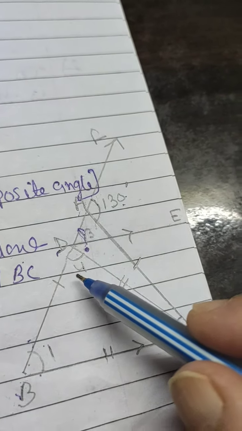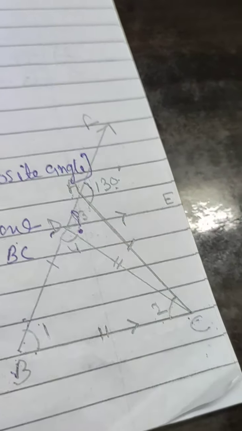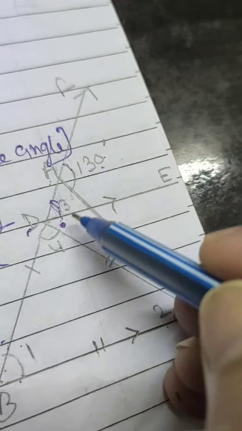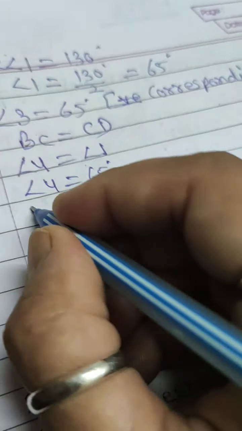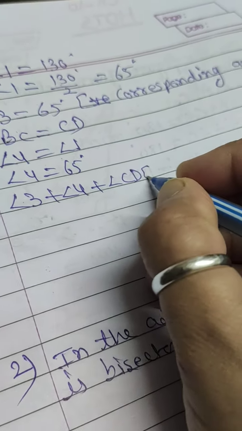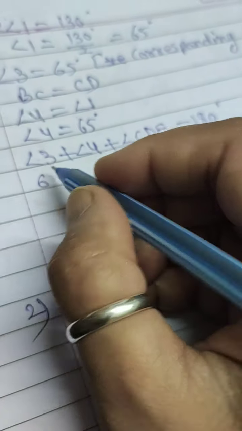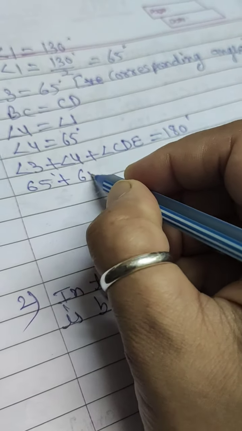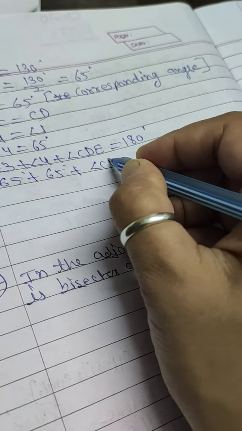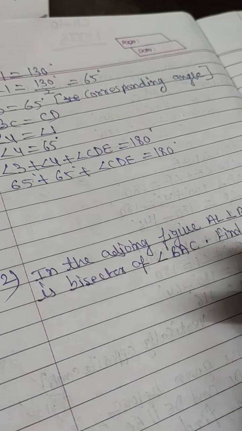See here, angle 3 is 65, angle 4 is 65, and we calculate angle CDE. The sum of these three angles is 180 degrees. So angle 3 plus angle 4 plus angle CDE is equal to 180 degrees. 65 plus 65 is 130 degrees.